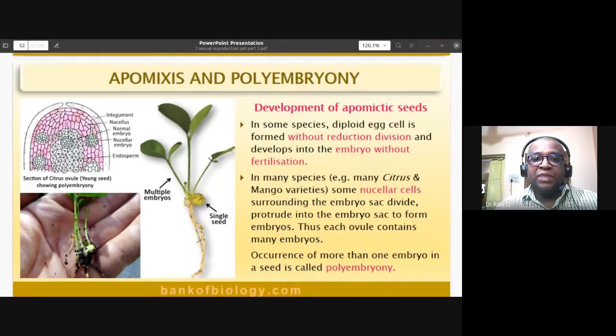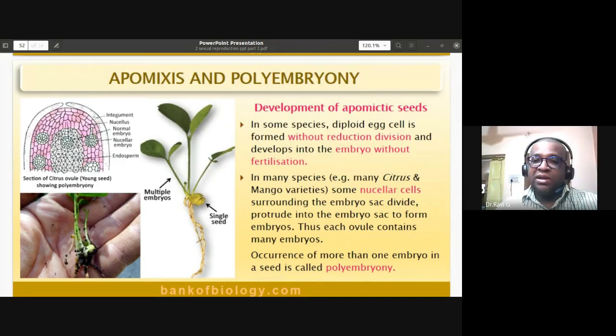So apomixis is formation of seeds without fertilization, we call it apomixis. Parthenocarpy is formation of fruit without fertilization, we call it parthenocarpy. And apomixis leads to polyembryony.